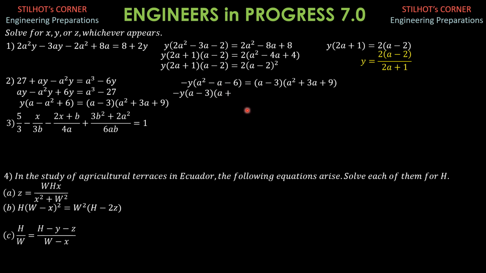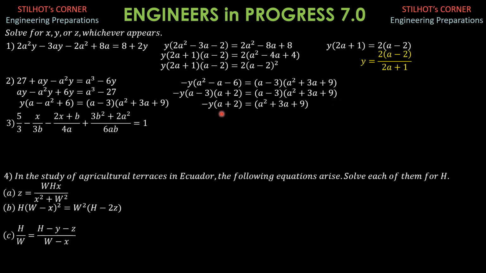So negative y times a minus 3 times quantity a plus 2 equals a minus 3 times quantity a squared plus 3a plus 9. So we cancel a minus 3. Always remember the restriction that a should not be equal to 3. So with that, we can cancel this. So negative y times a plus 2 equals a squared plus 3a plus 9.